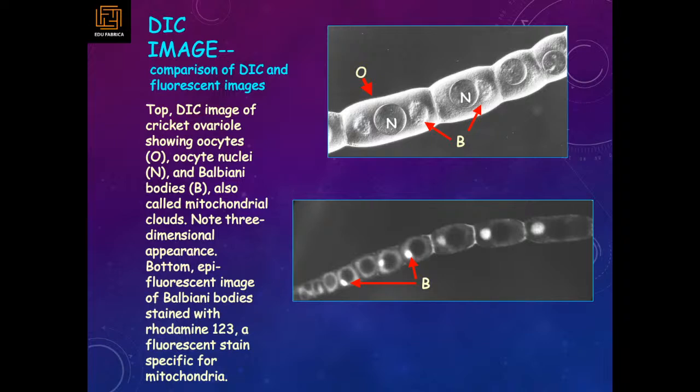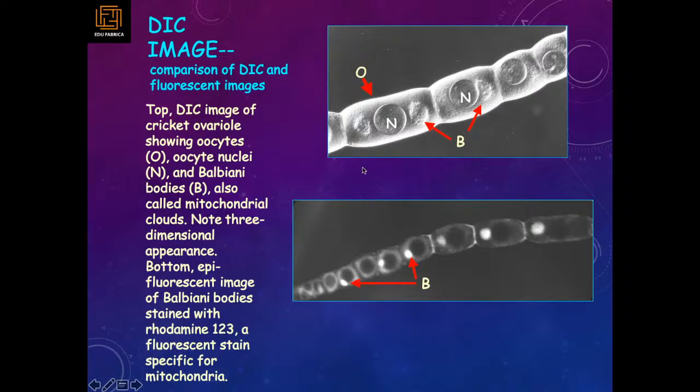Here the big O is showing the oocytes, N is the oocyte nuclei, and B is the Balbiani bodies, also called mitochondrial clouds. And this is in the B part. In this figure, we're seeing the same figure, but the Balbiani bodies are more prominent here.